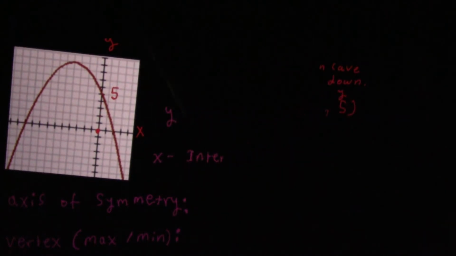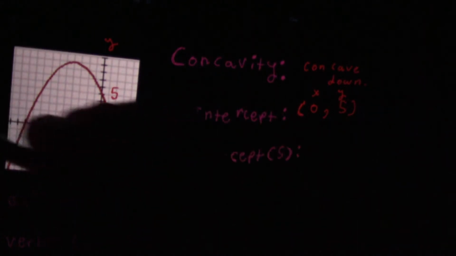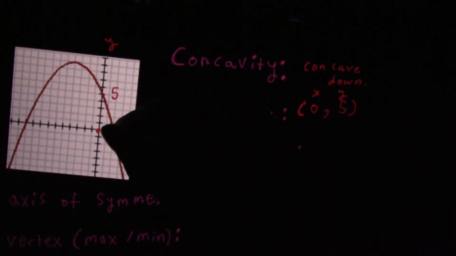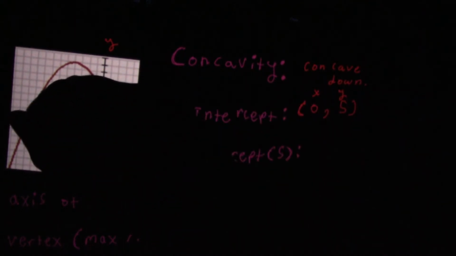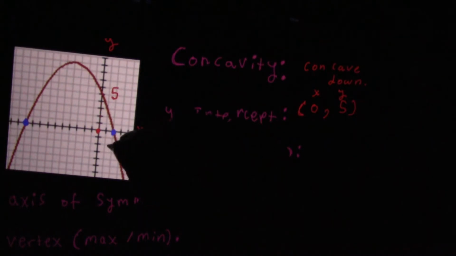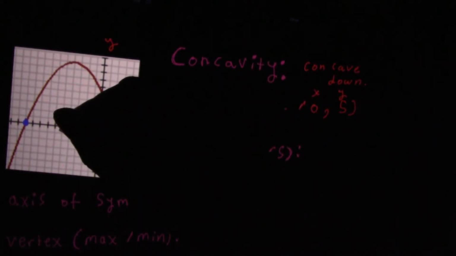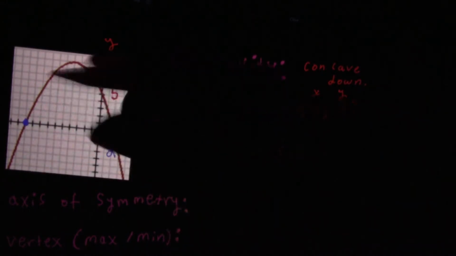Let's do the x-intercepts now. Again, the x-intercepts are the opposite of the y-intercepts. Now we want to see where the parabola cuts through the x-axis, right here. So we have this point right there, and then we have this point right there. Let's count. 1, 2, and then 1, 2, 3, 4, 5, 6, 7, 8, 9, and 10.